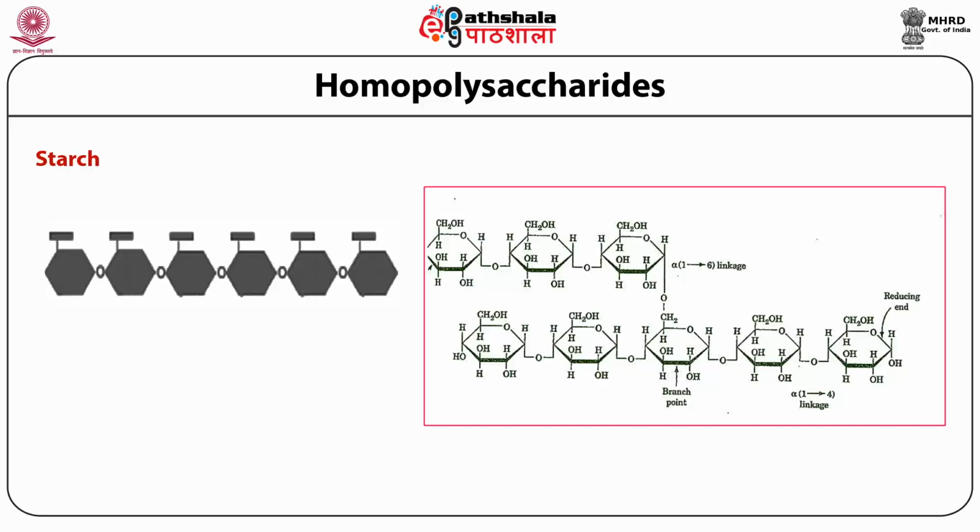Amylose is a linear polysaccharide and amylopectin is a highly branched polysaccharide. Amylose, a constituent of starch, has glucose units linked by alpha-D-1,4 glycosidic bonds to form a linear chain. The level of amylose and its molecular weight vary between different types of starch.